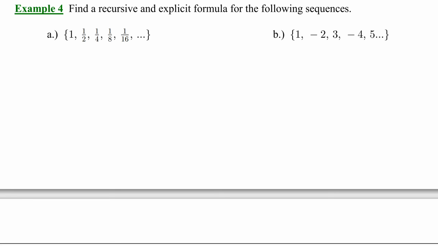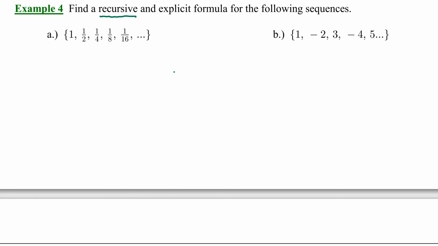So let's try example 4, where we find both a recursive and explicit formula for the given sequence. Generally, your brain is going to pick up on the recursive formula before the explicit formula. So let's begin there. In example A, we have the pattern 1, 1/2, 1/4, 1/8, 1/16.